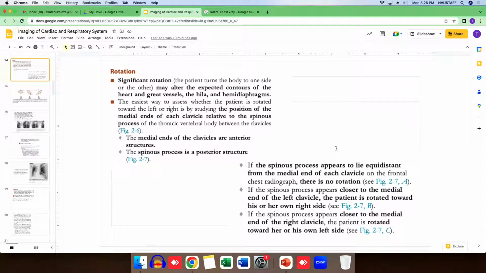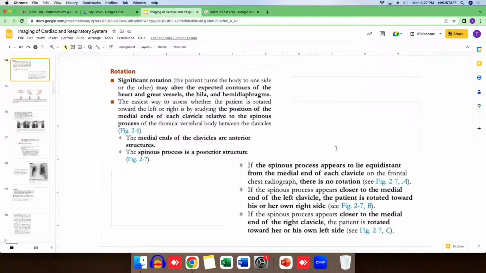How to check if the patient is standing symmetrically or not? We are checking our clavicle related to the spinous processes, right? The medial ends of the clavicles, as you know, are anterior structures, and spinous processes are posterior structures.